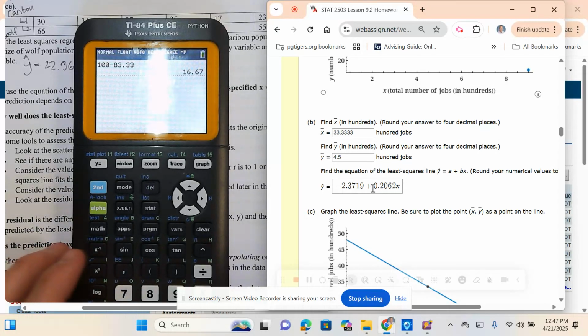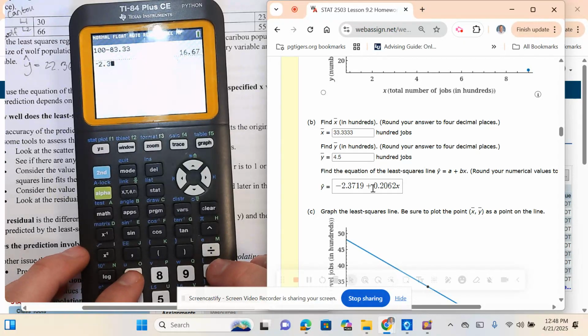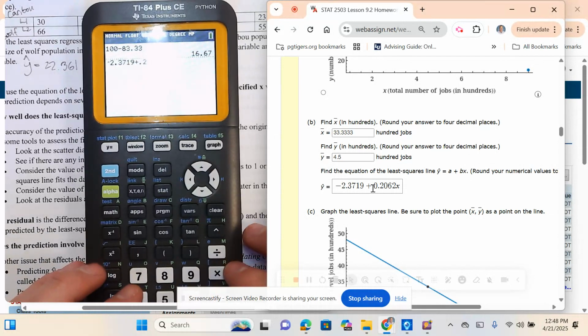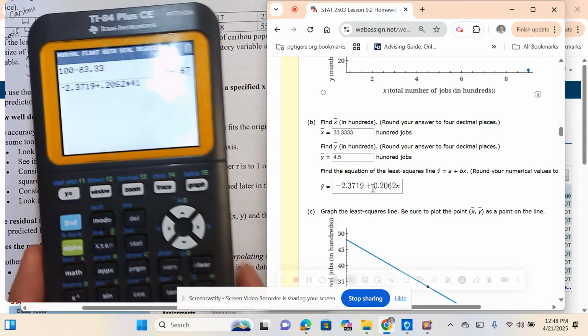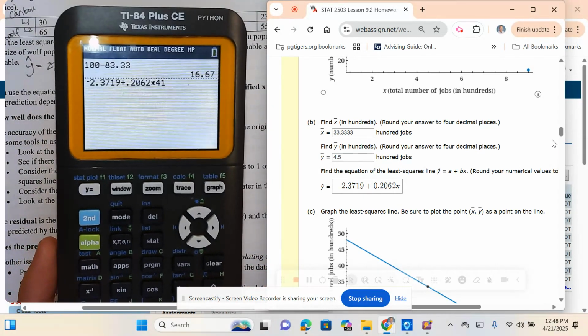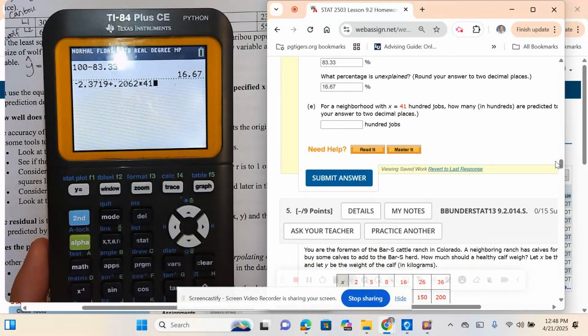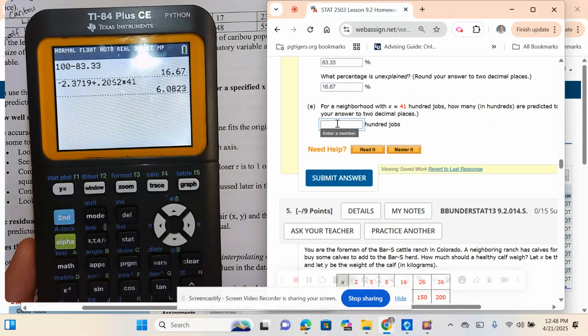So I'm going to type that equation, negative 2.3719 plus 0.2062, I believe I had times 41. You put in 41 for x, okay? So I just type that equation and type in 41 for x. And I round to the nearest 2 decimal places, so 6.08.